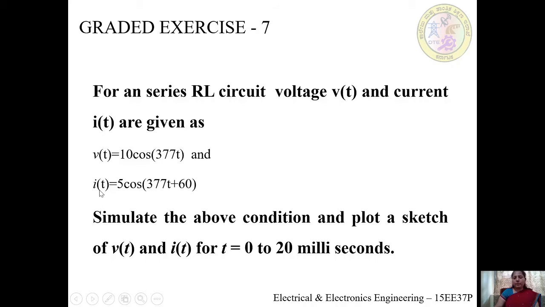Even for the expression what is given for current, we need to use the mathematical operator between 5 cos and also between 377 t. One more thing what we need to remember here is the 60 is given in terms of degrees. We need to multiply the 60 by pi by 180 to convert it into radians.